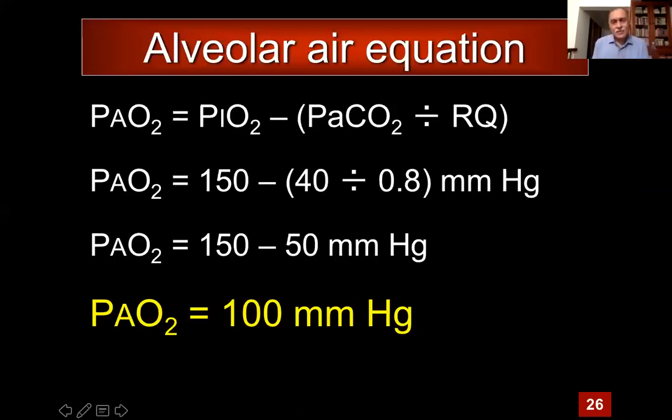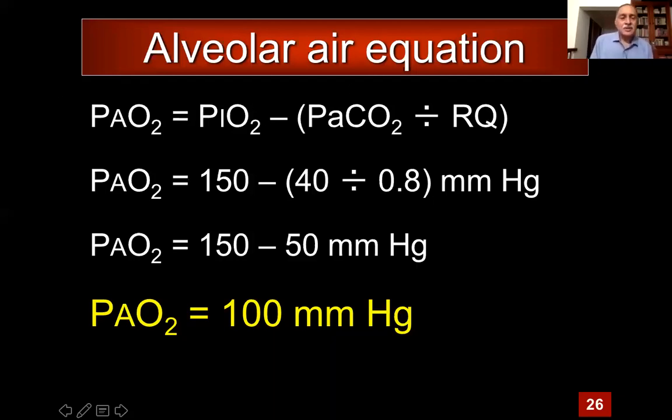Now, in the alveoli, we know that carbon dioxide is continuously getting excreted into the alveoli because of the concentration gradient that exists between the pulmonary arterial deoxygenated blood and the alveoli. To compute what happens to the alveolar oxygen tension at the end of this carbon dioxide exchange, we make use of what is called the alveolar air equation.